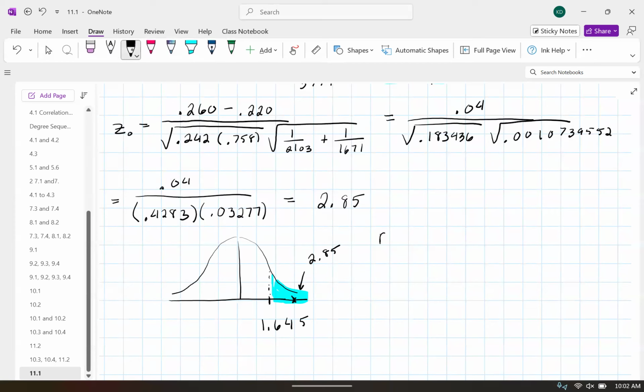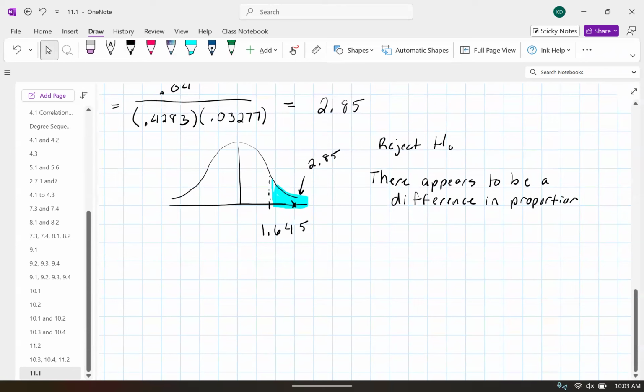So we're going to reject the null hypothesis. So we say there appears to be a difference in proportion of users with headaches.